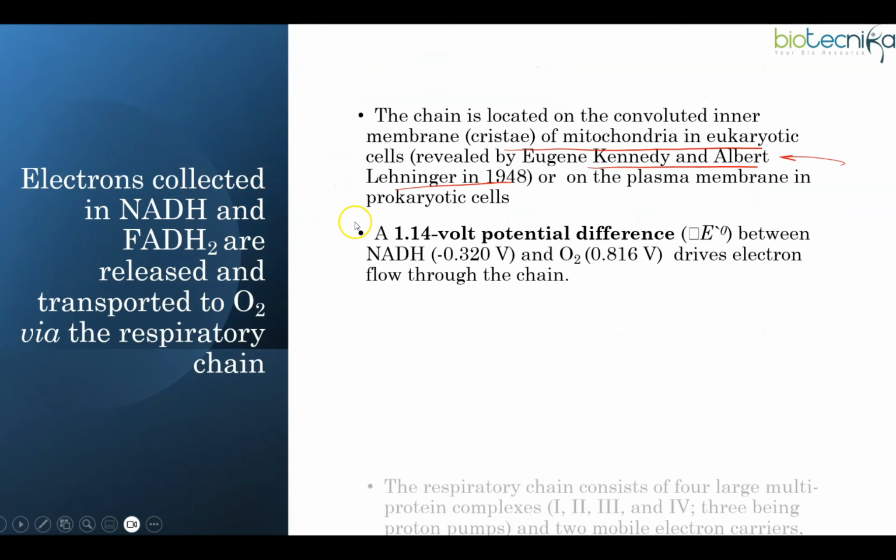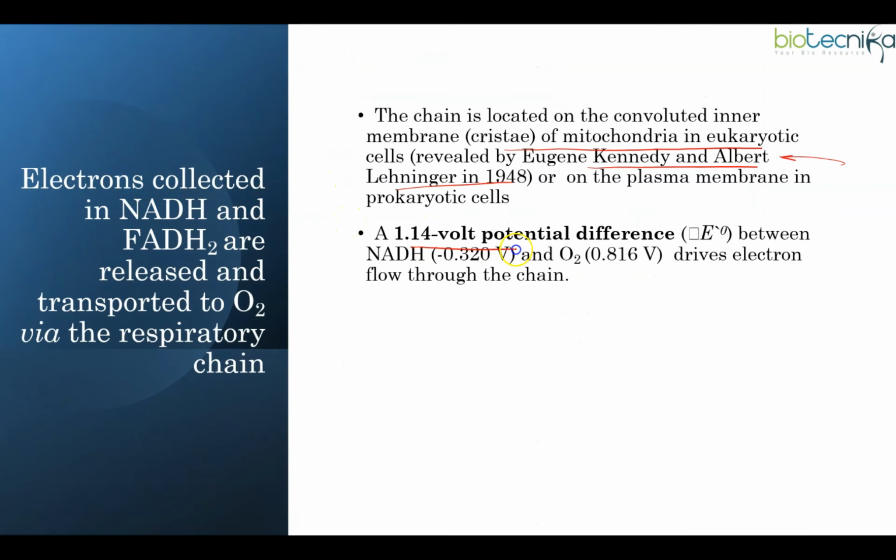There is a potential difference of 1.14 volt between NADH, which has a redox potential of minus 0.32 volt, whereas oxygen, the terminal electron acceptor, has 0.816 volt, which is a very high redox potential. This entire thing drives the electron flow through the chain.